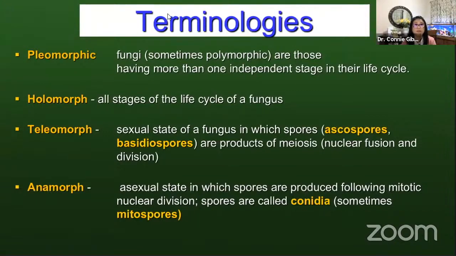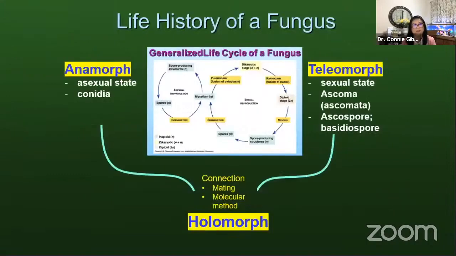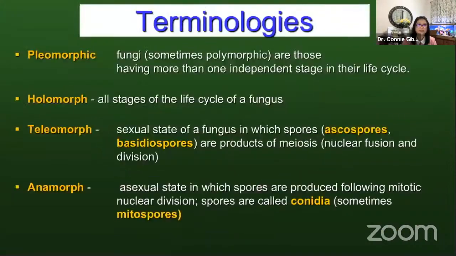The teleomorph is the sexual state, and the anamorph is the asexual state. We will mention the teleomorph and anamorph again in the next slide. So please remember: teleomorph, sexual; anamorph, asexual. And the two of them together become a holomorph. So again, the life history of a fungus.